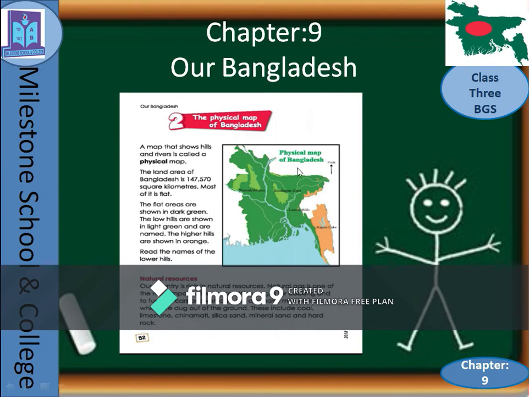Here we see a physical map of Bangladesh, and most of the areas are dark green. This dark green area shows the flatlands. This light green area shows the lower hills. In Rajshahi division, these lower hills are called Borendra Bhumi, and in Dhaka division, they are called Madhupur Gor.